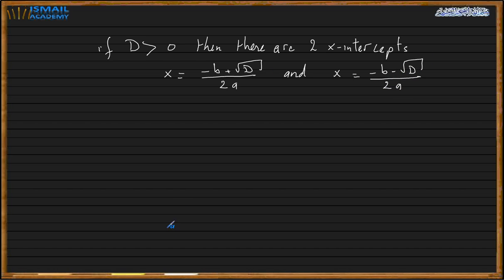It's both of them, not one of them. The graph will look like that if a is positive, or like that if a is negative. Either way, the graph cuts the x-axis at two points when the discriminant is positive. Those are the steps we learned last time.